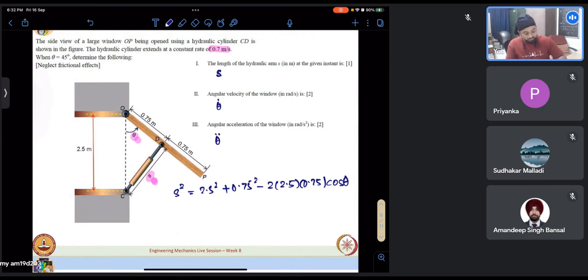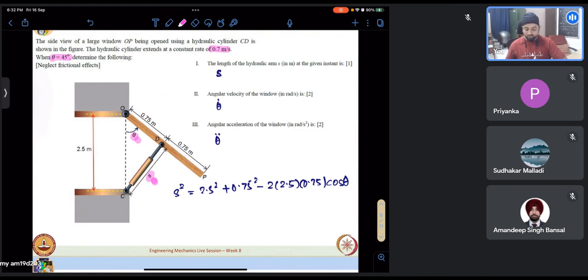So at theta equal to 45 degrees, it is given, so we can simply calculate that once. What is s square? 2.5 square plus 0.75 square minus 2 into 2.5 into 0.75 into cos 45.